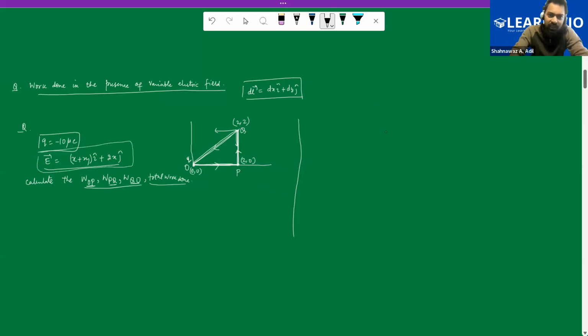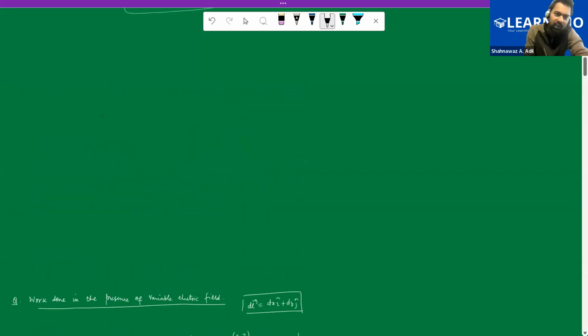You guys have already done questions where I gave you E equals 3i plus 2j plus 4k, and in this electric field you take a charge from, let's say, R, that is 2i plus 4j, to point P, and then point Q, which is (3, 2, 5).